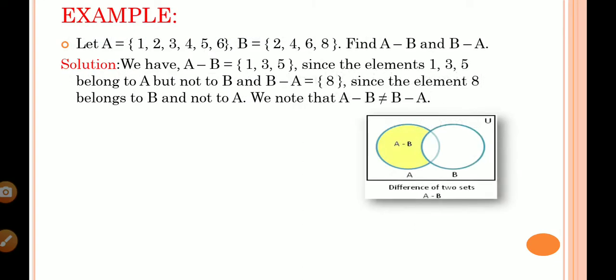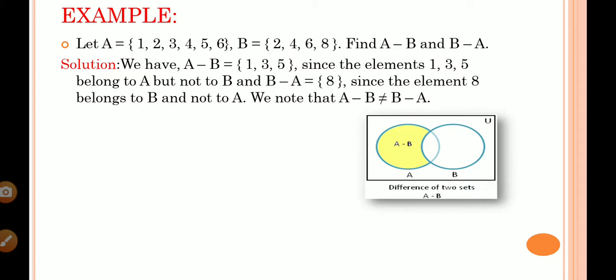For example, if A is 1, 2, 3, 4, 5, 6 and B is 2, 4, 6, 8, find A minus B or B minus A. How will we see what A minus B is here?